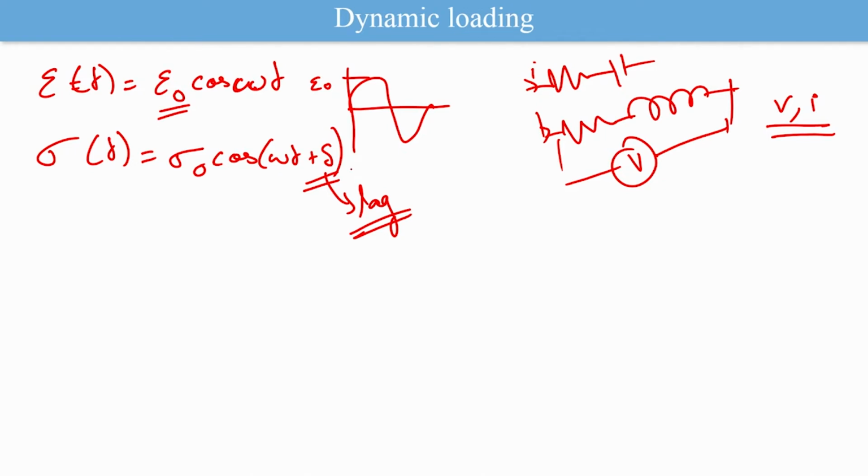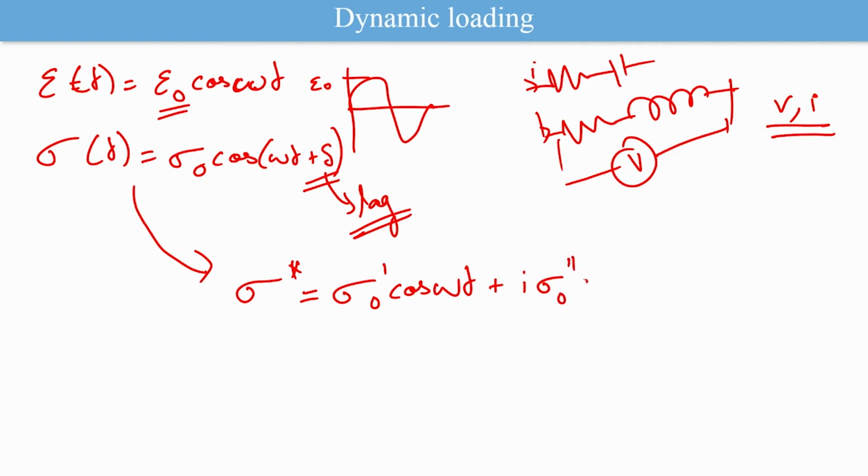This expression can also be written in a complex form, that is sigma star is equal to sigma star dash plus i sigma star double dash.